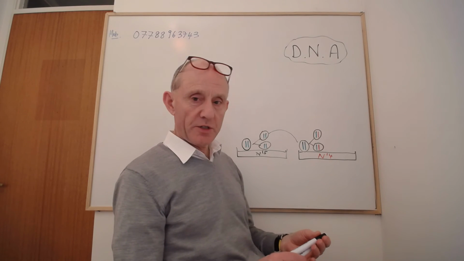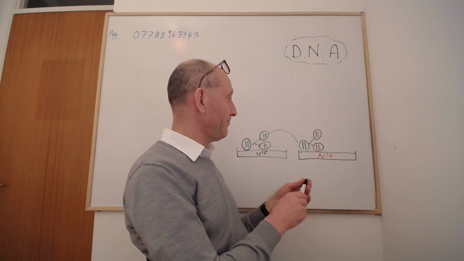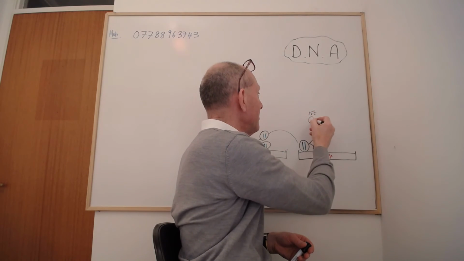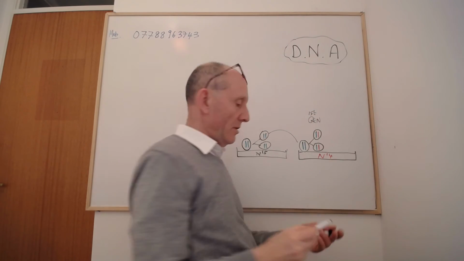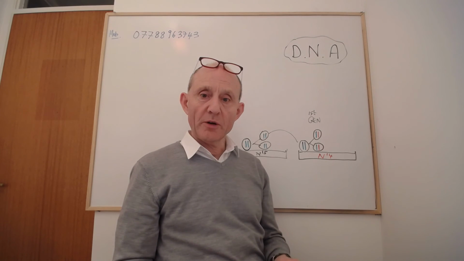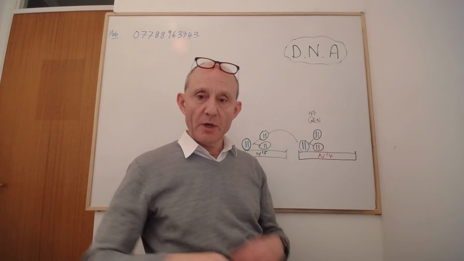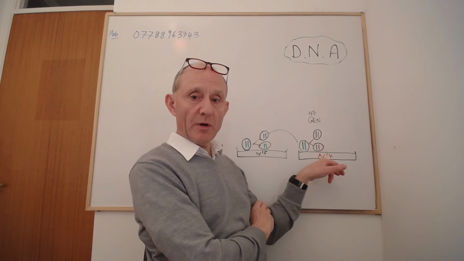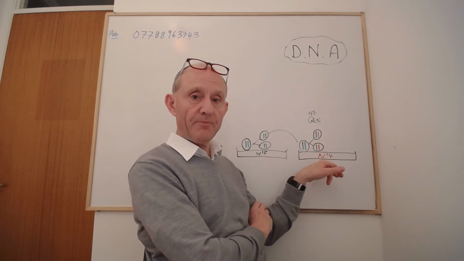So the first generation of bacteria that are produced here, this is called the first generation, contained DNA that was intermediate, that contained both a nitrogen 15 and a nitrogen 14 strand. And this proved that DNA replication was semi-conservative.